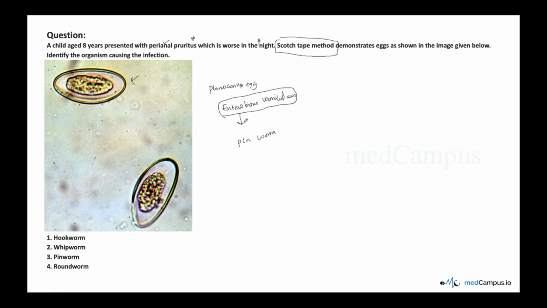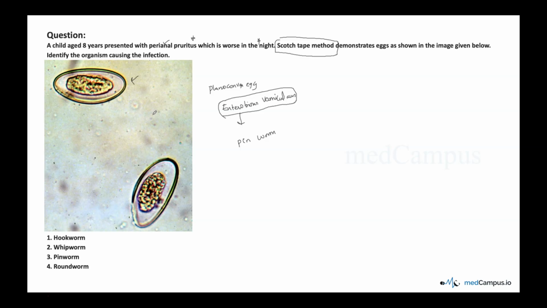Why do we use the Scotch tape method? The characteristic of this pinworm is that the eggs are not released directly in the feces. So just by looking at a fecal ova or parasite test, you cannot identify it, because the worms stick around the anal cavity. For that, you have to use a special method called the Scotch tape method. The infection is mostly seen in children and is also more common in females than in males.